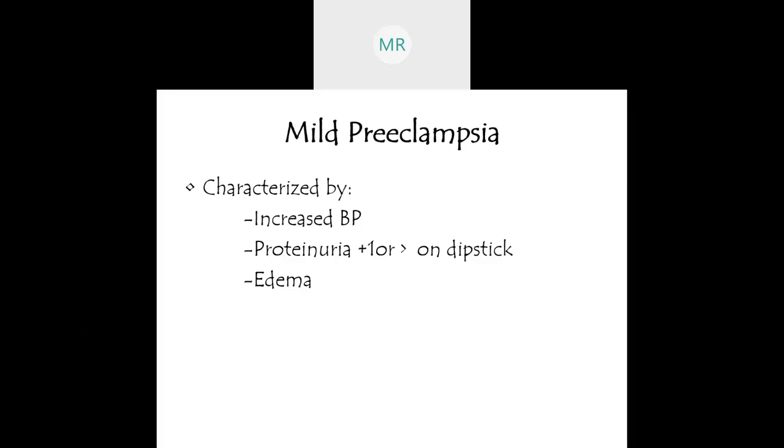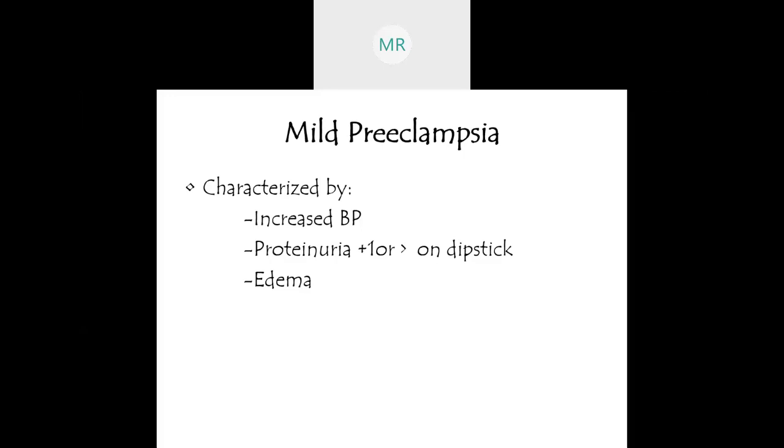We use 140/90, and that's also taken to make sure the patient is actually hypertensive. Make sure it's taken on 2 occasions, laying down, relaxing for 15 minutes, 6 hours apart. And if that's the case and there's no baseline, we take the numbers of 140/90.